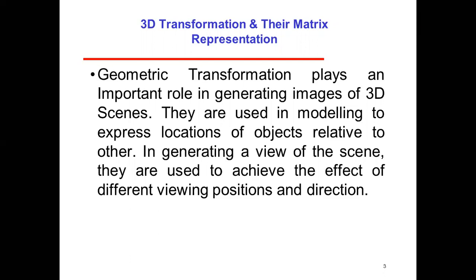They are used in modeling, to express the location of an object relative to others in generating a view of the scene. They are used to achieve the effect of different viewing positions.